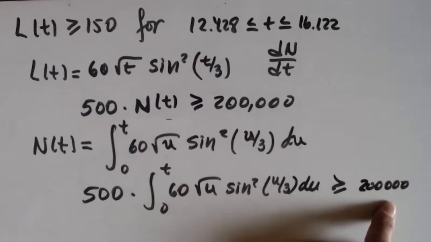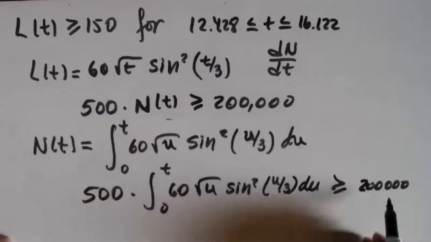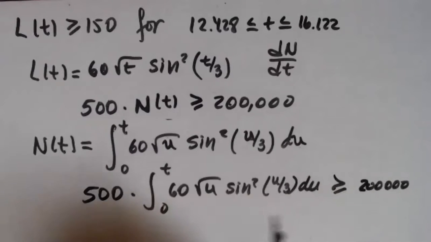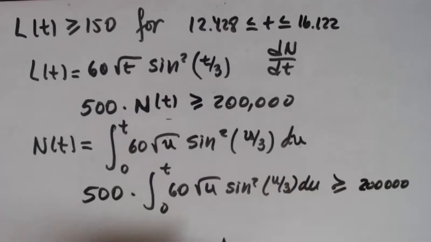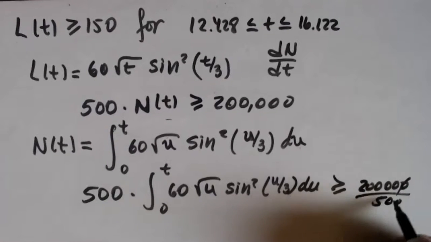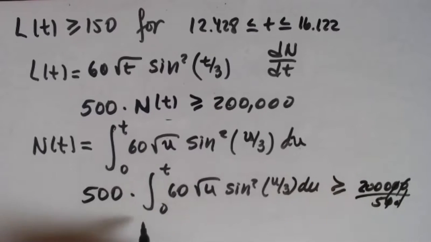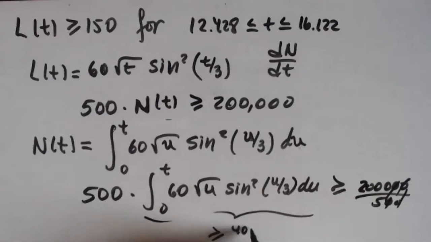If we divide by 500, 200,000 divided by 500 is 400, correct? 2,000 divided by 5 is 400. So this integral has to be more than or equal to 400. So this means that this area right here has to be, at a certain moment, more than 400.